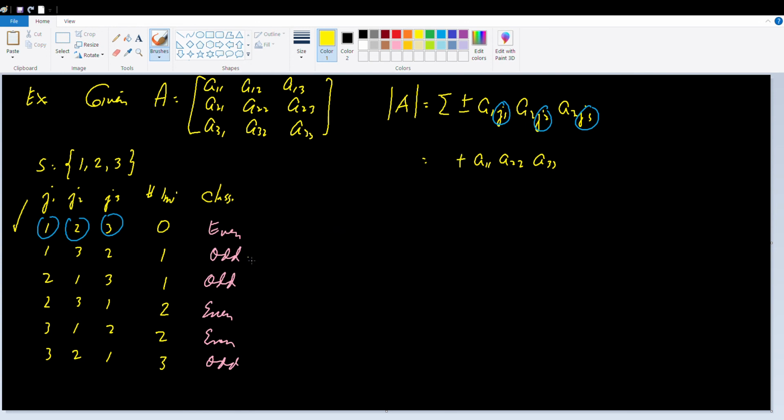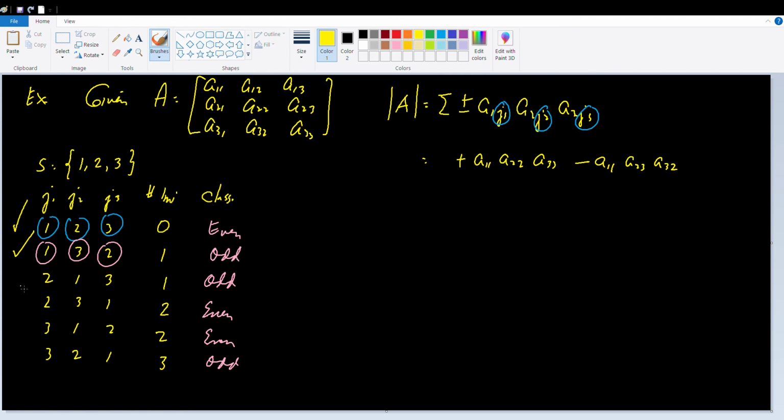Then, we go to the next. 1, 3, 2. Since it is odd, it should be negative. And then A1, A2, A3. The second subscript will be replaced by the numbers 1, 3, and 2.